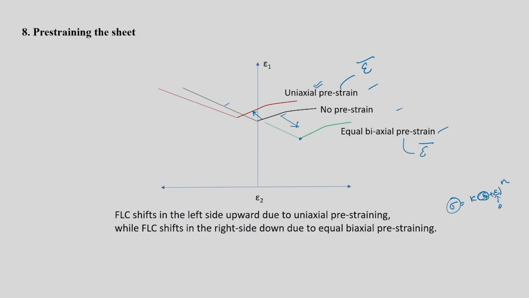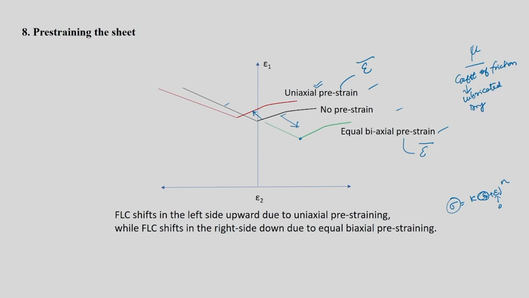And of course there is one more important parameter, that is your coefficient of friction mu, Coulomb's coefficient of friction, isn't it? Or practically speaking, whether you lubricate it or not, so lubricated condition or dry condition.